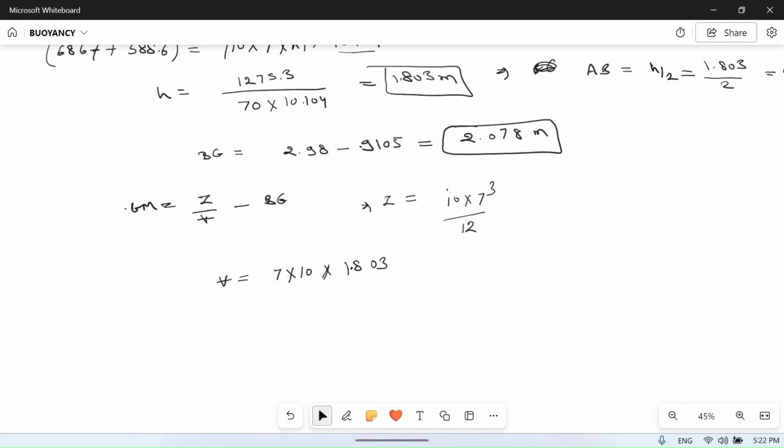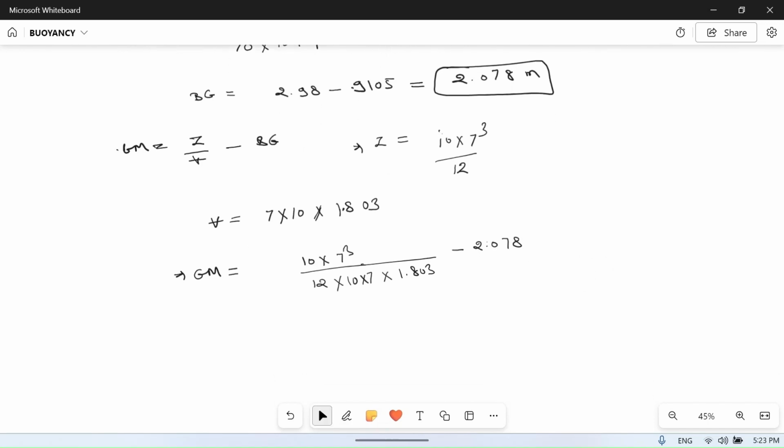Okay, so if you put these values, you will get GM is equal to I, which is 10 into 7 cube by 12, divided by V, which is 10 into 7 into 1.803, minus BG, which we have already calculated, 2.078.